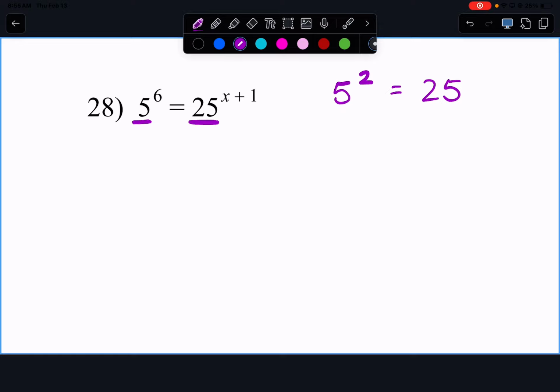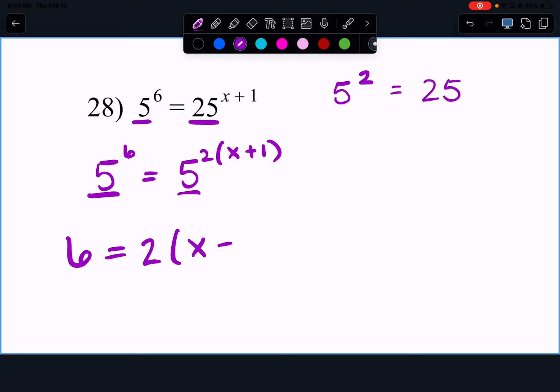Because 5 times 5 is 25, so that is 5 squared. So I will rewrite that, and I will get 5 to the 6th is equal to 5 squared times x plus 1. Then those are the same, so I just get x6 equals 2 times x plus 1. And then you would solve that through to find x.